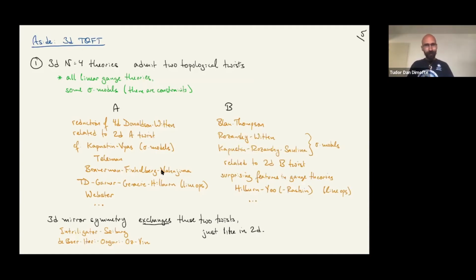In gauge theories, there are surprisingly intricate features that appear that are being studied with cutting edge derived algebraic geometry nowadays. This is work of Hilburn and Yu and Hilburn and Sam Raskin that's ongoing right now. I won't need any of that for this particular application.